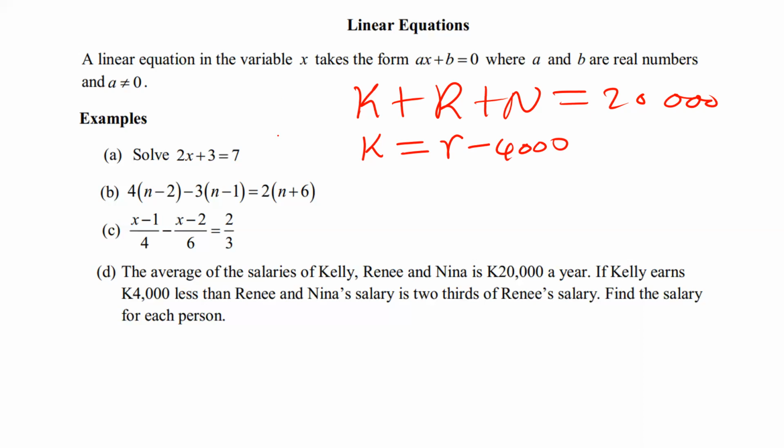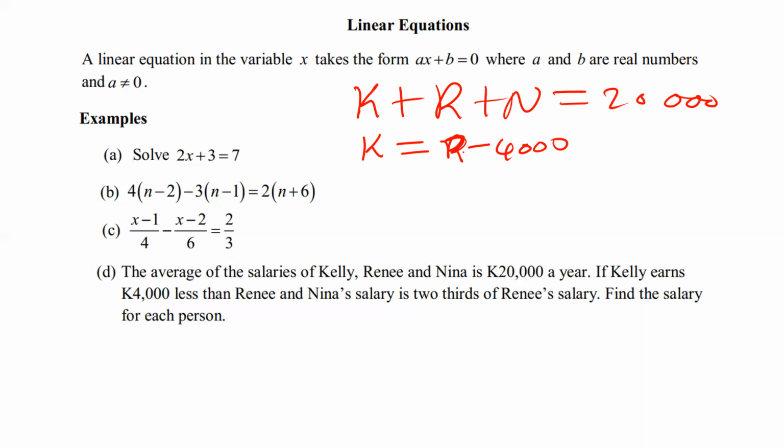So Rini, let me use the capital letter. So when you subtract 4,000 from what Rini earns, you get the salary for Kelly, according to the question.